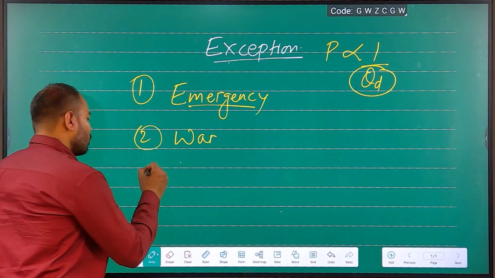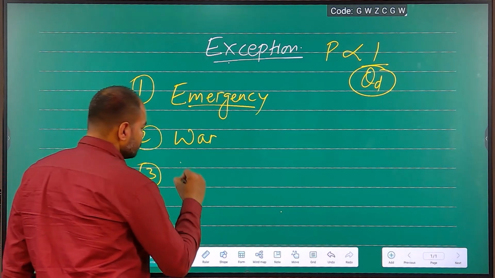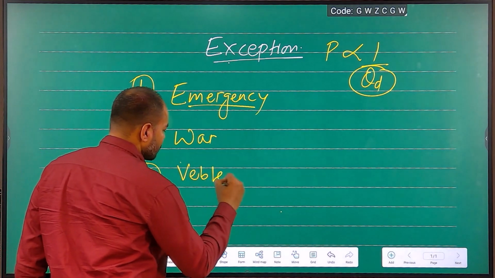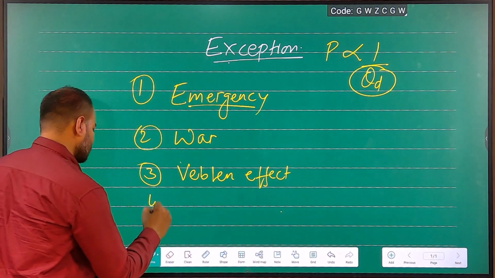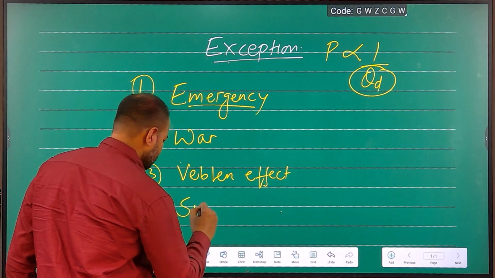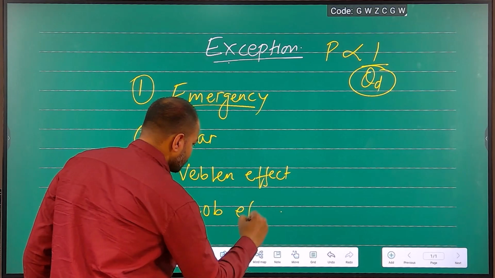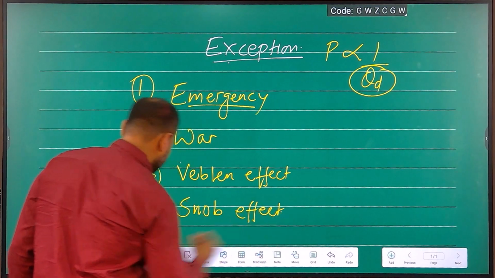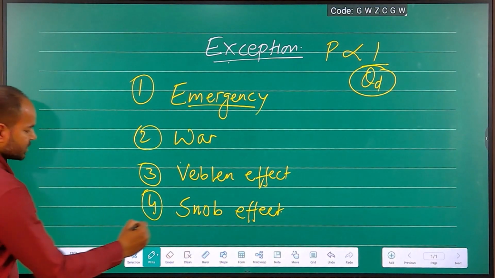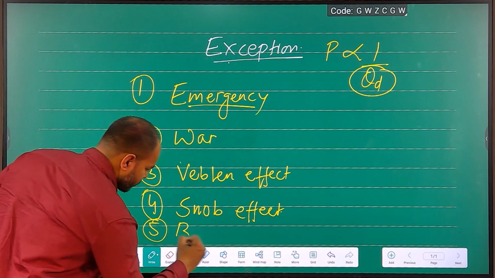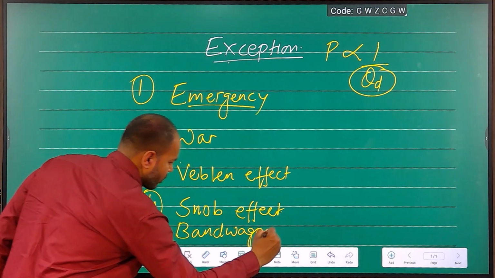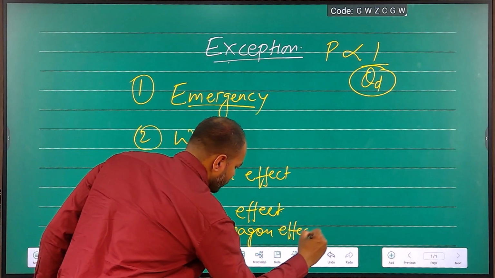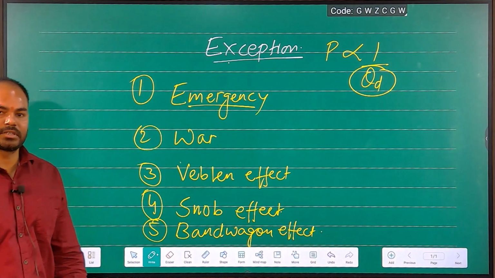So these are the exceptions to the law. Okay, what are the other cases? Veblen effect, snob effect, and the other is bandwagon effect.